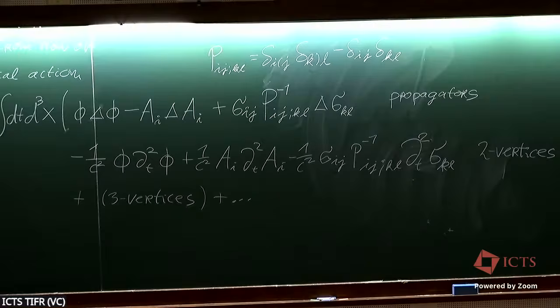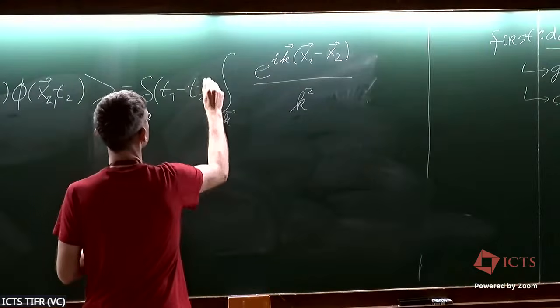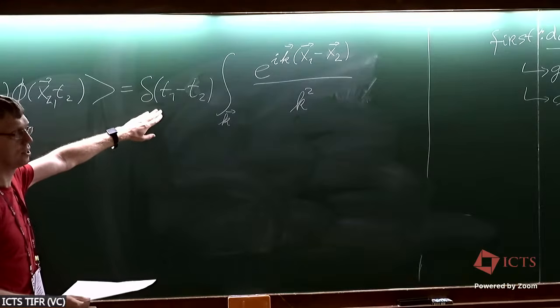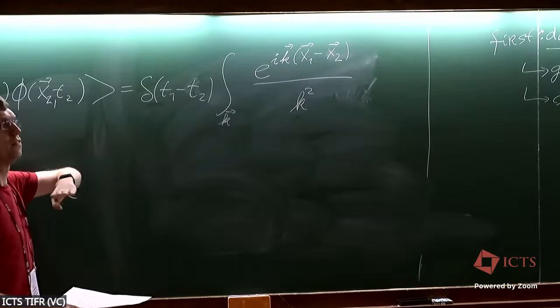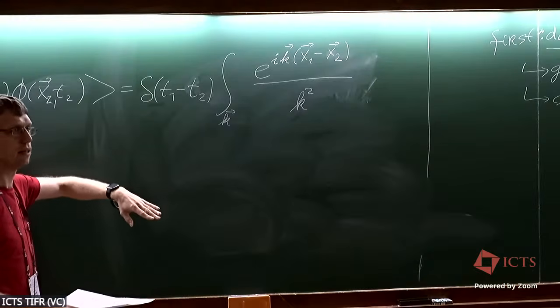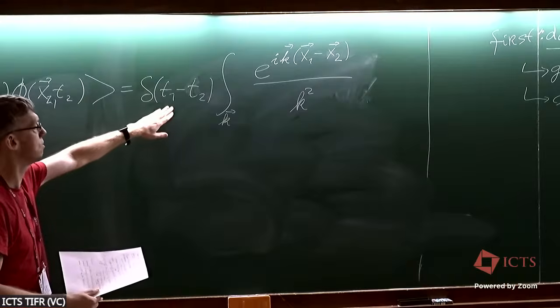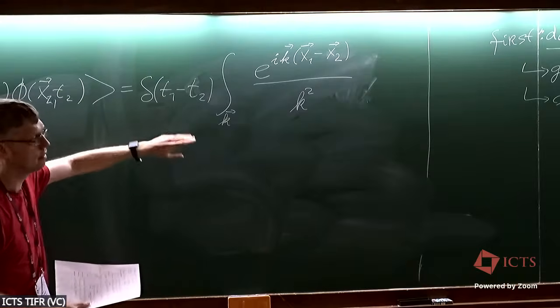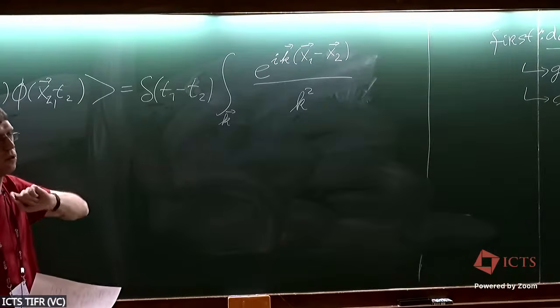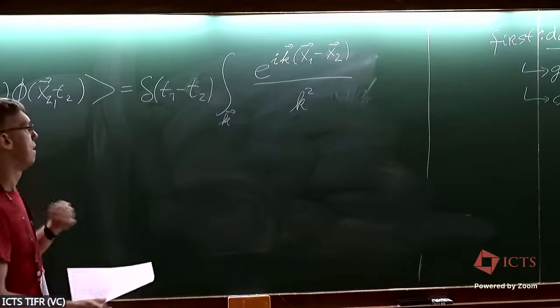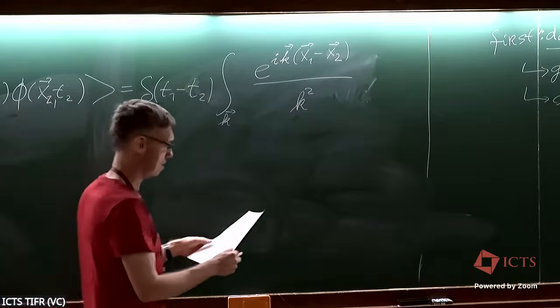So for the time dependence, we just have a delta of t1 minus t2. And that just represents the fact that in the Newtonian limit, the field propagates instantaneously, right? The source is so close together that you can approximately treat the field as propagating instantaneously. And the correction is coming in from those two vertices, the time derivative. Yeah. So that's how it looks.